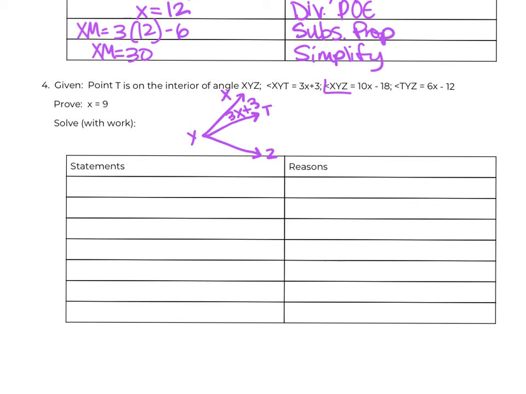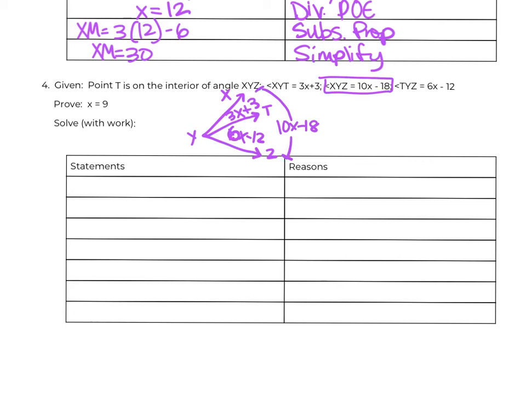TYZ is our bottom, and that's 6x minus 12. All right, and the whole thing is XYZ. So I like to label that like this.